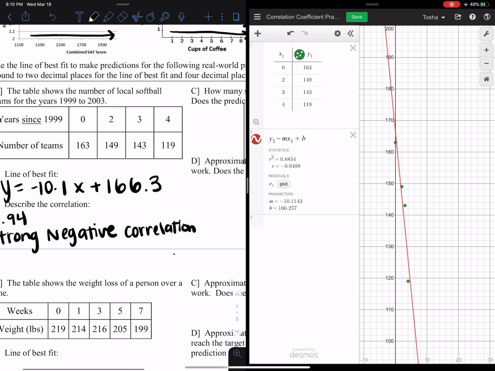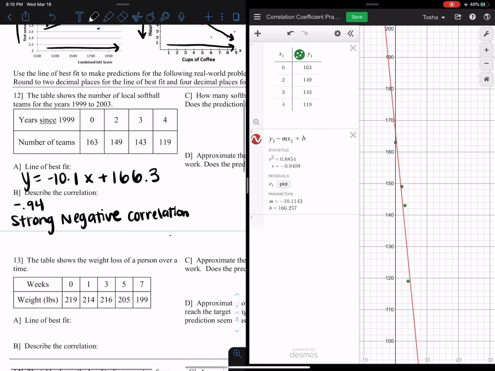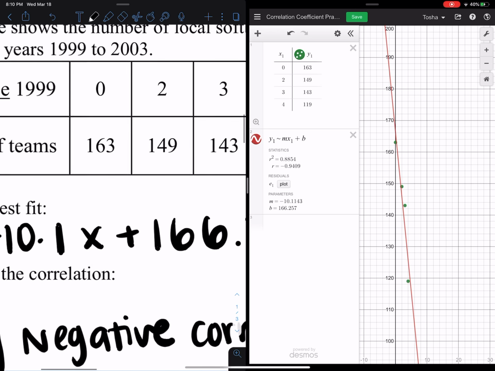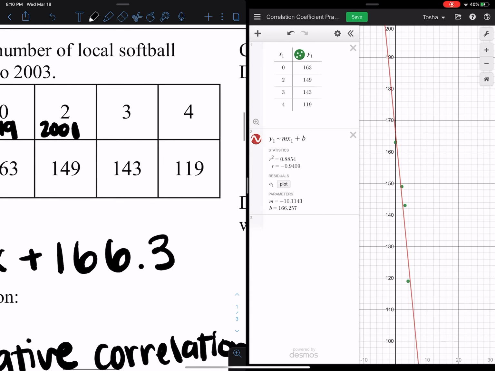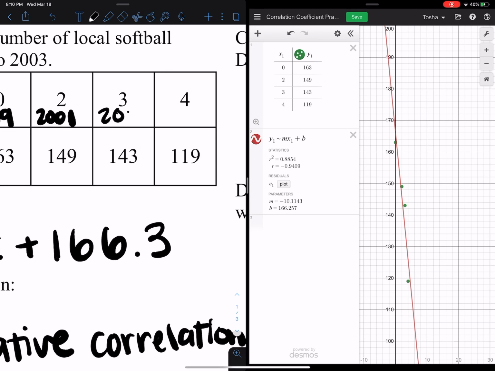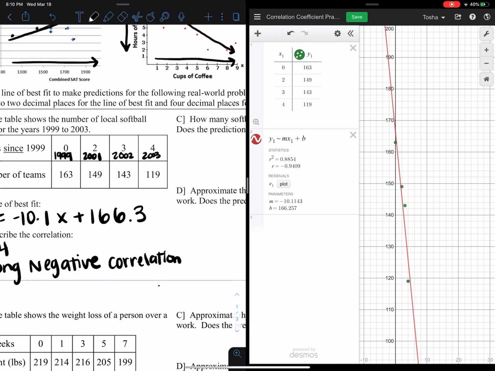So this table shows the number of local softball teams for the years 1999 to 2003. On our table, we know that this is 1999. Two years later, that would be 2001. Then this is 2002 and 2003.